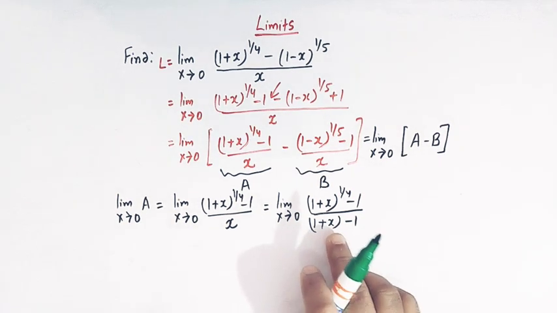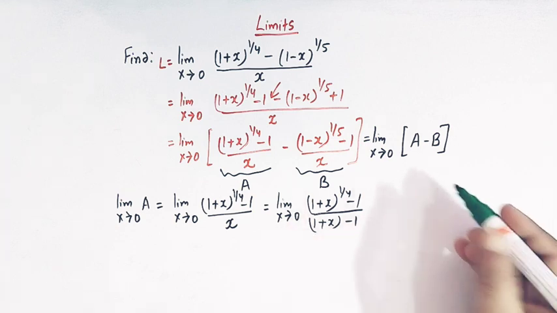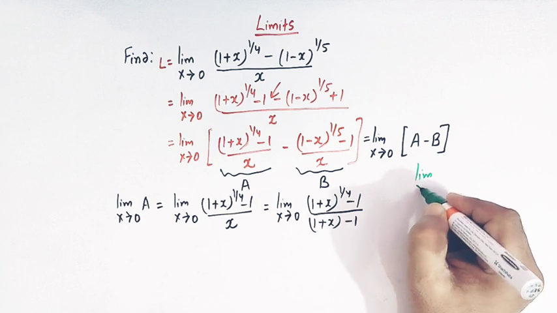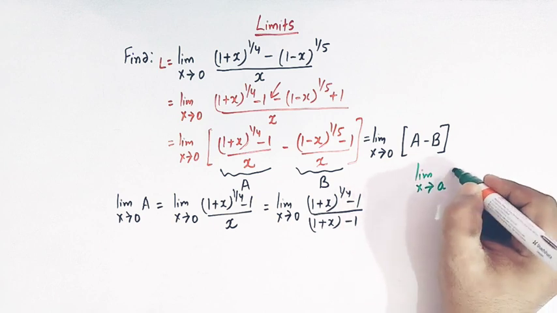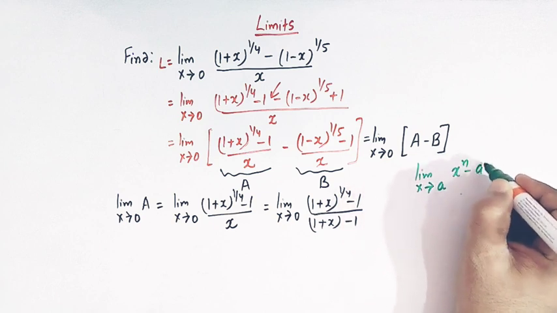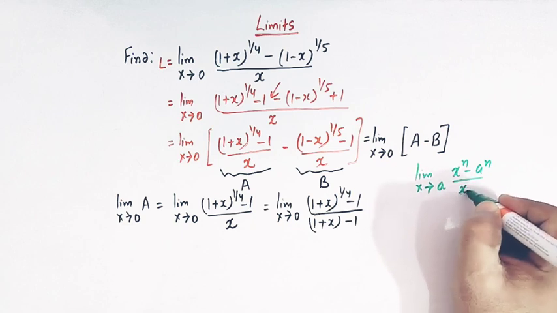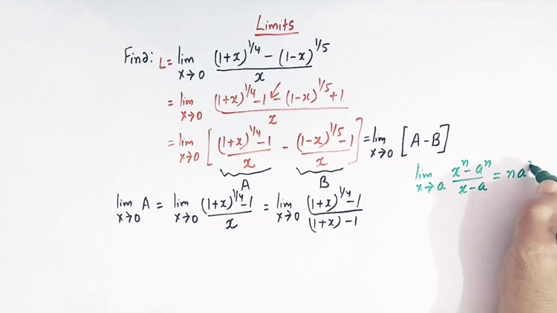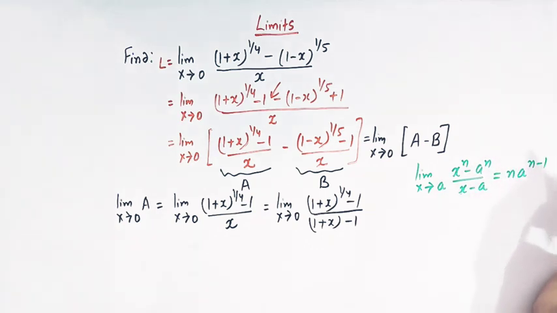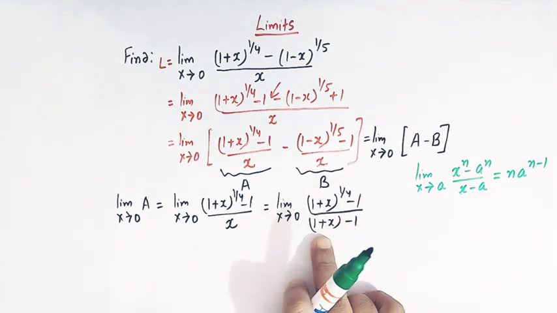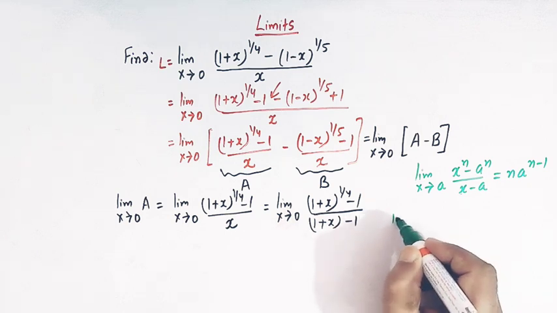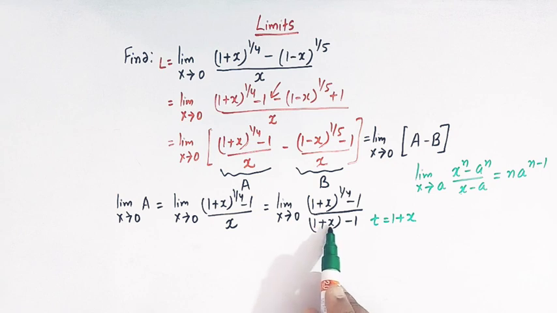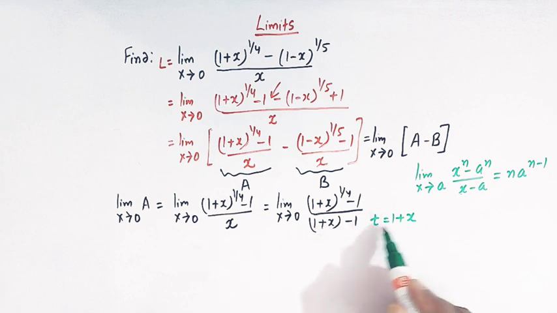Now we have arrived at an important result: limit x tends to a of (x raised to n minus a raised to n) divided by (x minus a) is equal to n a raised to n minus 1. Here we can substitute 1 plus x equal to t.